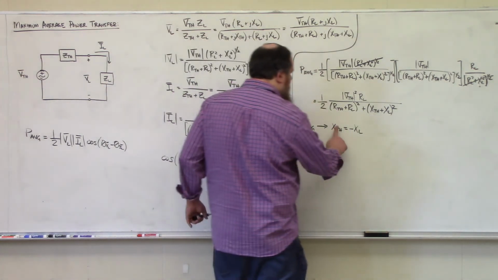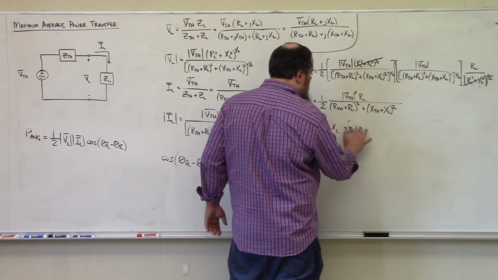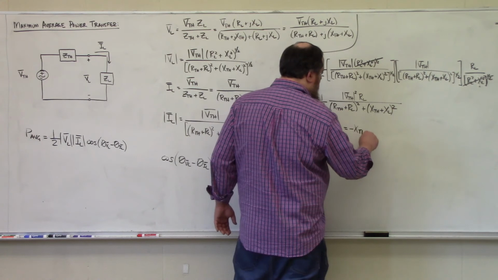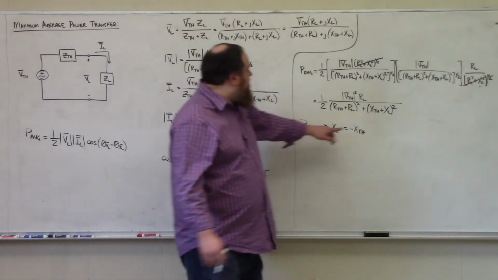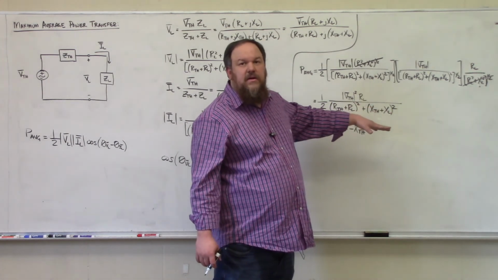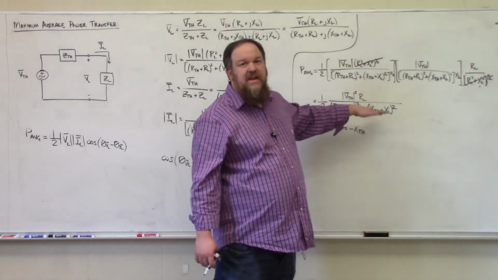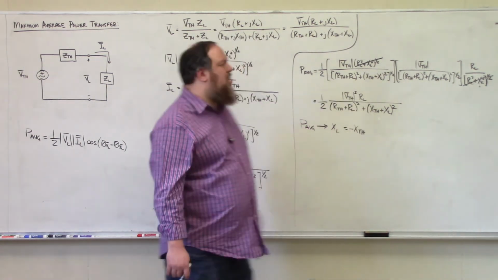Or I guess a better way to put this would be XL, the reactance of our load, needs to be negative of our Thevenin reactance. Because if this doesn't occur, we just have a term that's in the denominator, which is by definition making the denominator larger and therefore making the average power smaller.